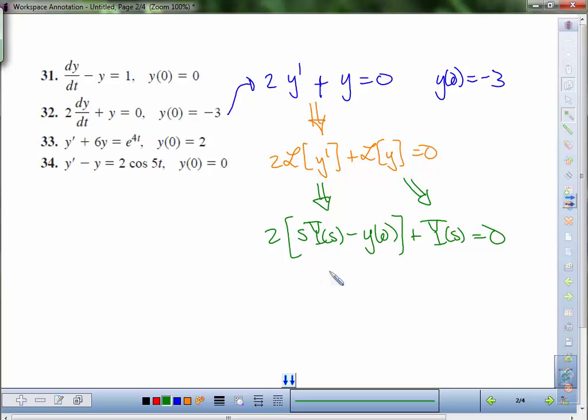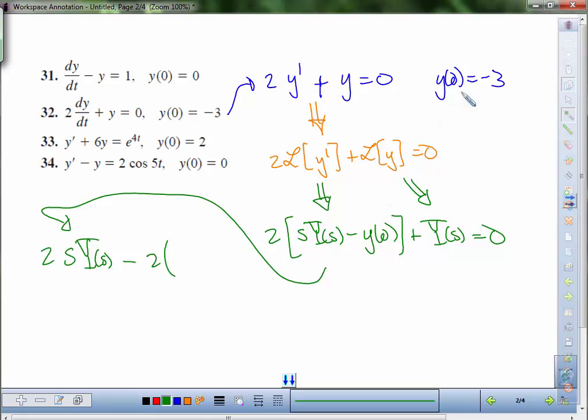Now it's algebra time. We're in the S world, and we're going to solve differential equations using algebra. So we have 2s capital Y minus 2 times y of 0, which is negative 3, from the initial condition, plus Y of s equals 0.